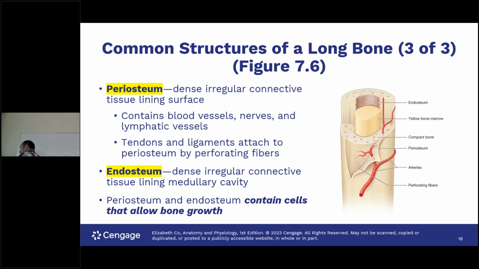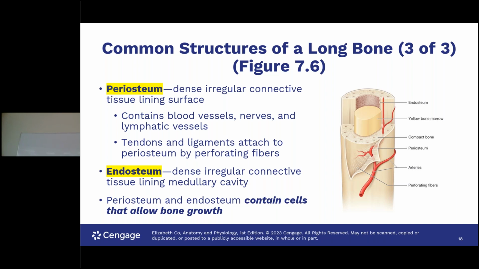The endosteum. Endosteum is analogous to periosteum, but it lines the medullary cavity. Remember, where's the medullary cavity? It's the inner layer of bone, the space where you're going to have the adipose tissue, yellow marrow.